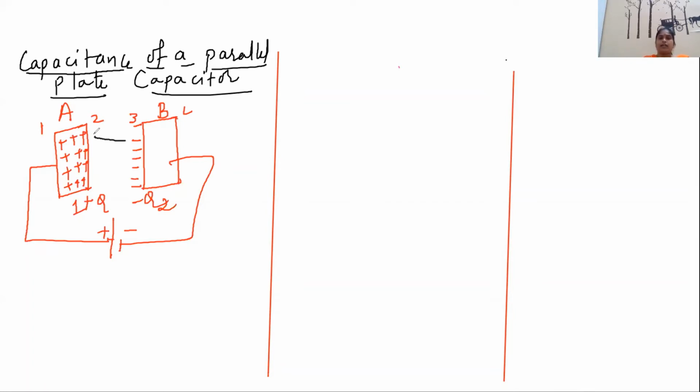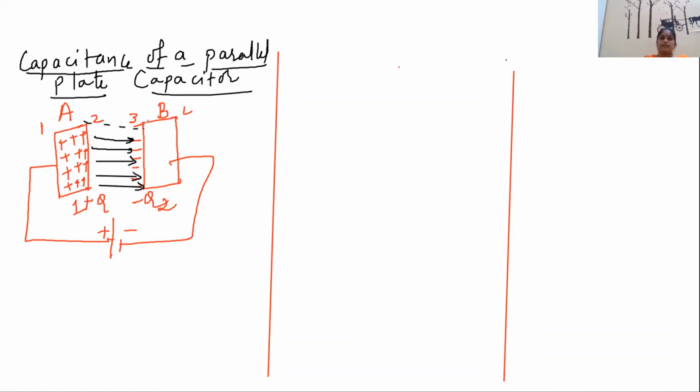So now the electric field lines move from positive to negative as shown. You can see that they move from the positive plate to the negative plate like this. So the direction we will also write now. This is the direction.